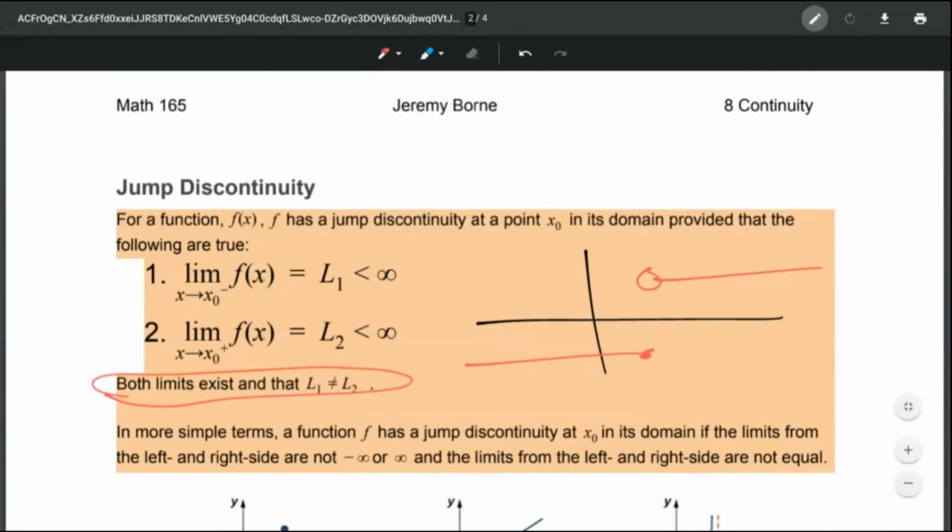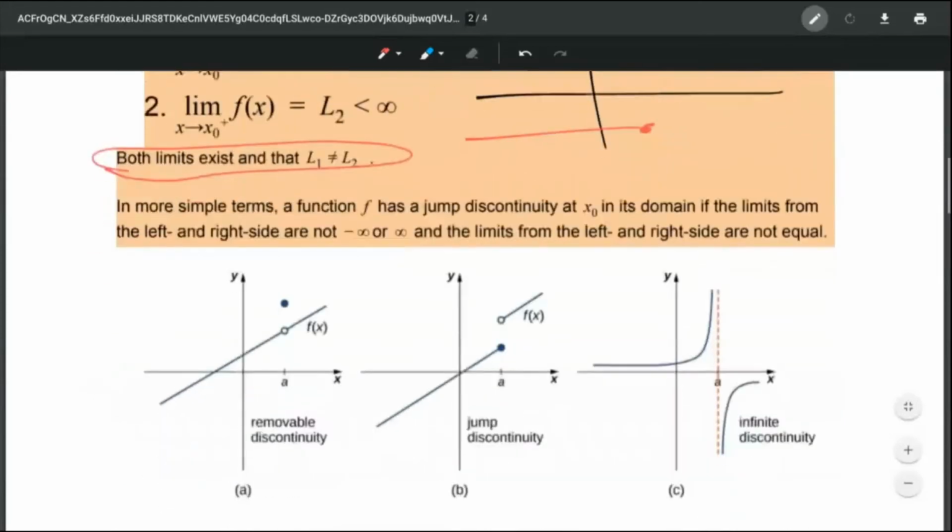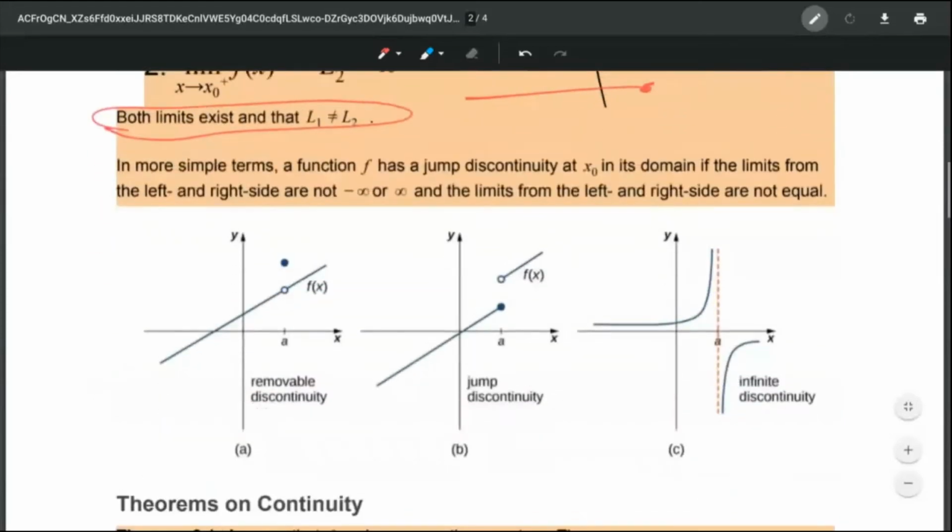In more simple terms, a function f has a jump discontinuity at x sub 0 in its domain if the limits from the left and the right side are not negative or positive infinity, and the limits from the left and right side are not equal. That's all you need. So let's look at these nice little graphs that I was able to find.